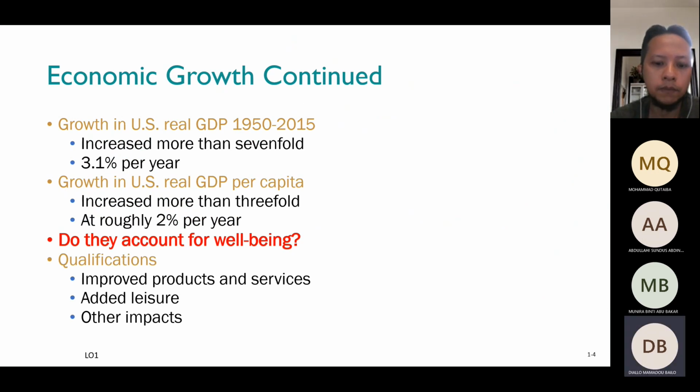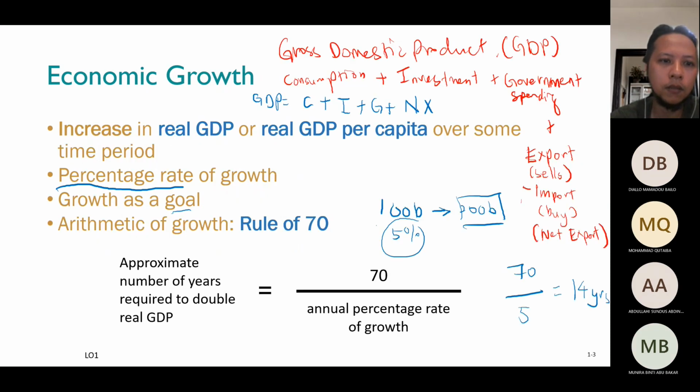So what is the 5%? 5% is the percentage rate of growth. In the example I gave, your country's GDP is 100 billion, and let's say on average over the past few years the growth rate of GDP is 5%.